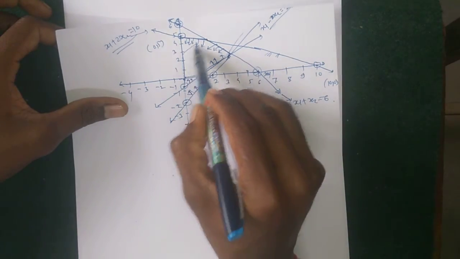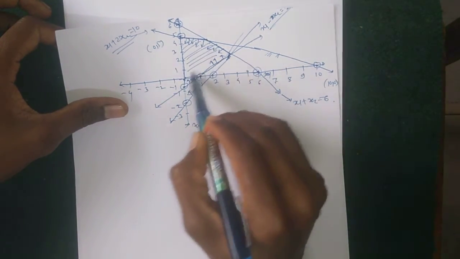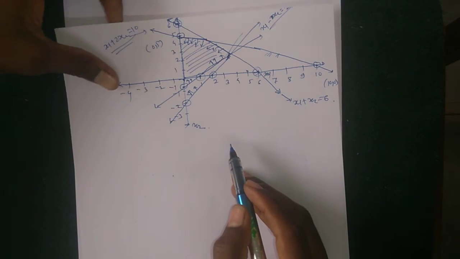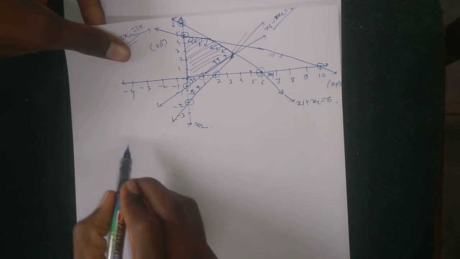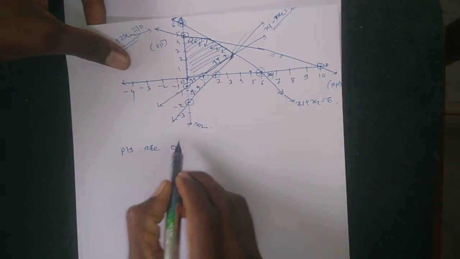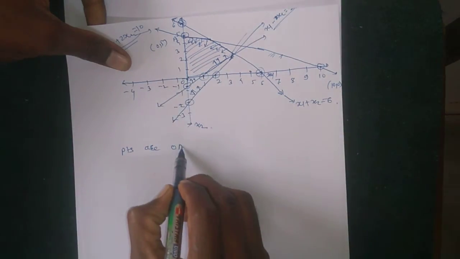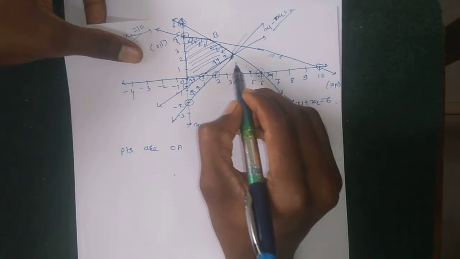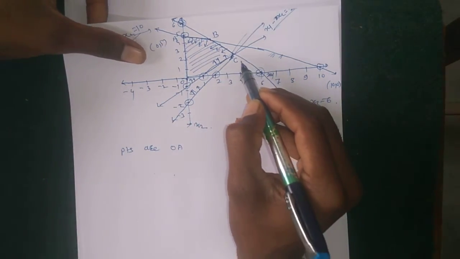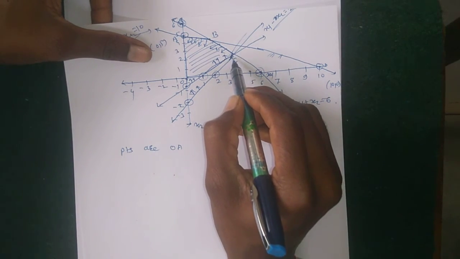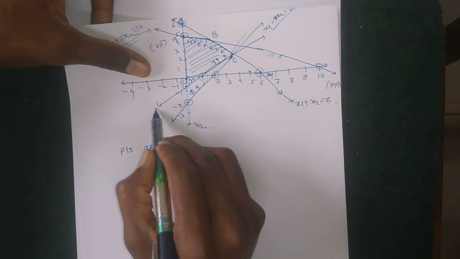So this region is our feasible region. The points are here: suppose this is O, this is A, this is B, and this is point C. Point C is the intersection of these two lines.